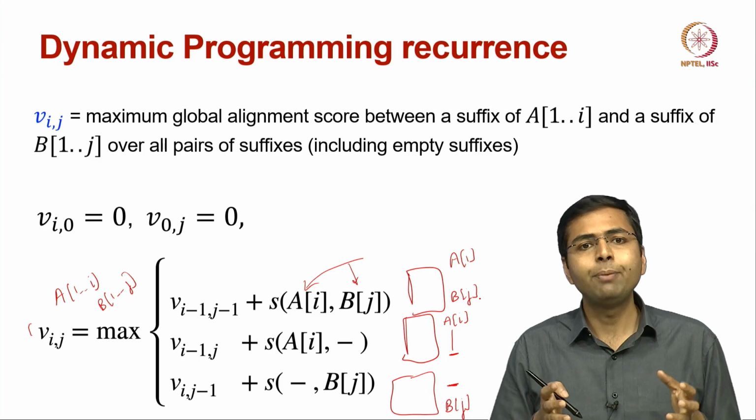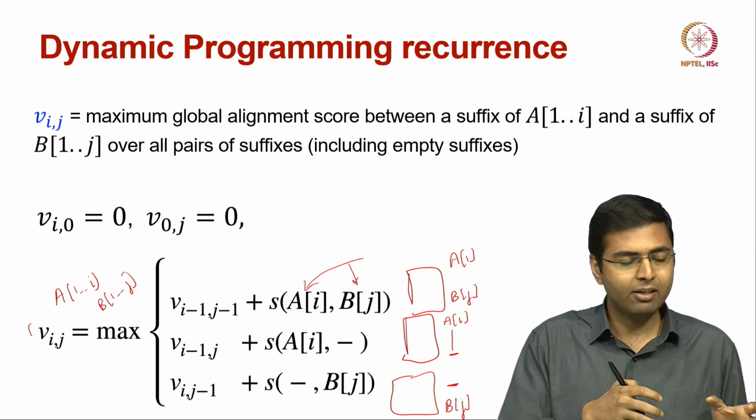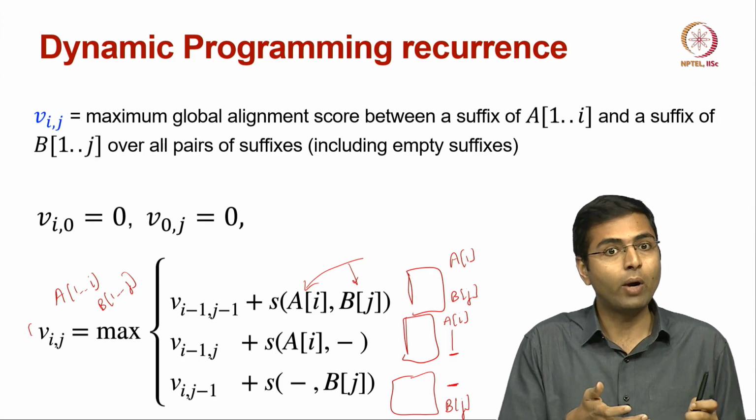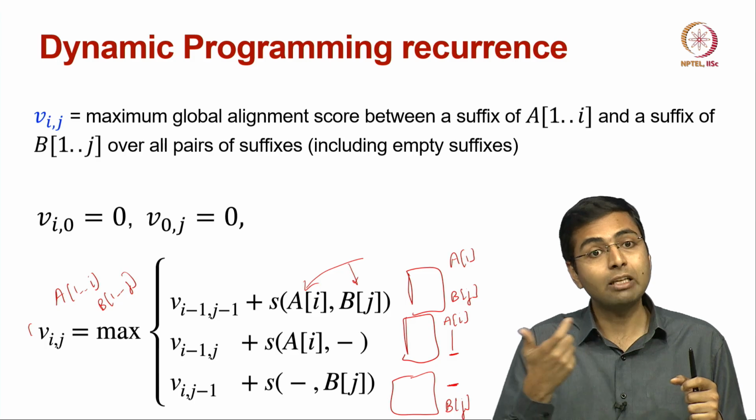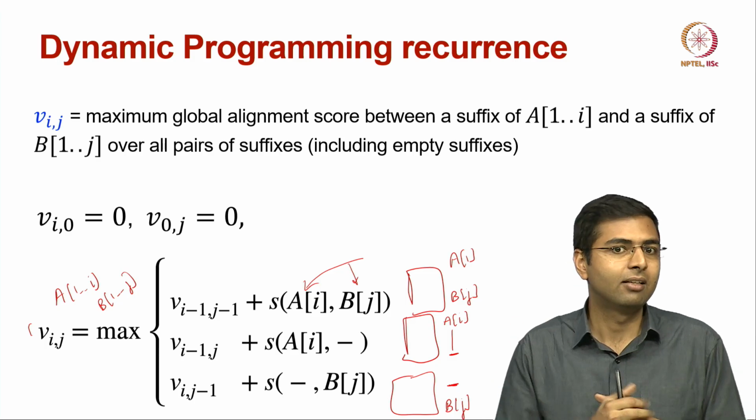So these are the only three possibilities in which the alignment of a suffix of A1 to i and a suffix of B1 to j can end.